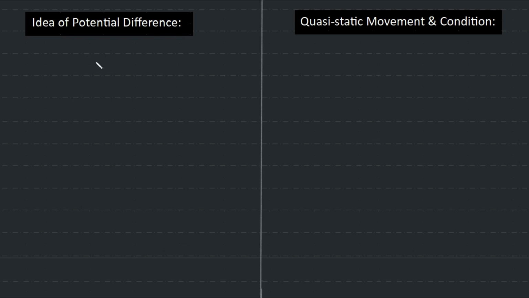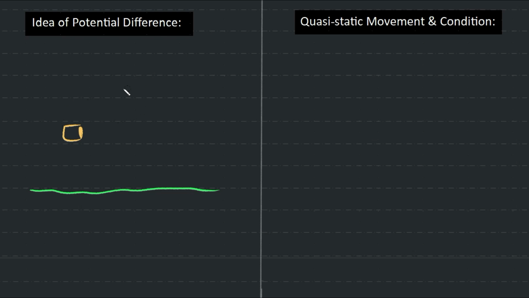Now let's recap the idea of potential difference. It's quite simple. The idea of potential energy has to do with energy stored because of its configuration, if not position. Now the idea of potential difference is this.